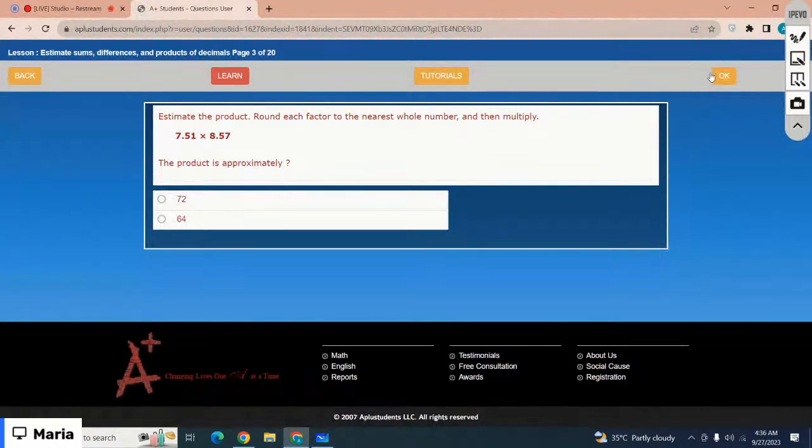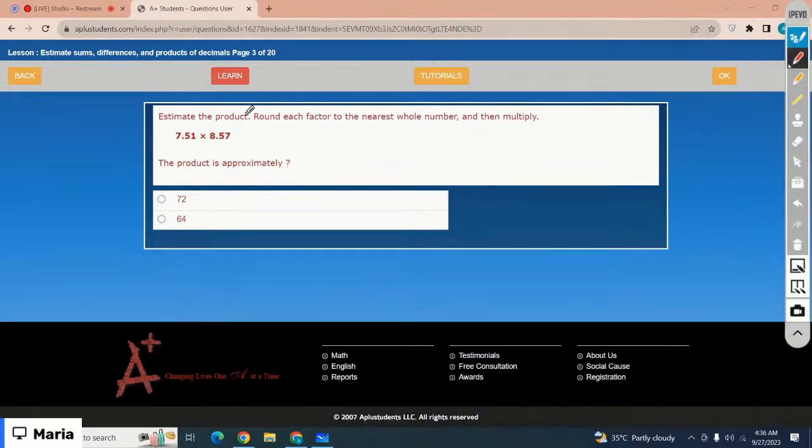The next one is 7.51 times 8.57. So which is the correct option? 7.51, the 51 is greater than 50, so it is estimated to 8, and 8.57 is estimated to 9.